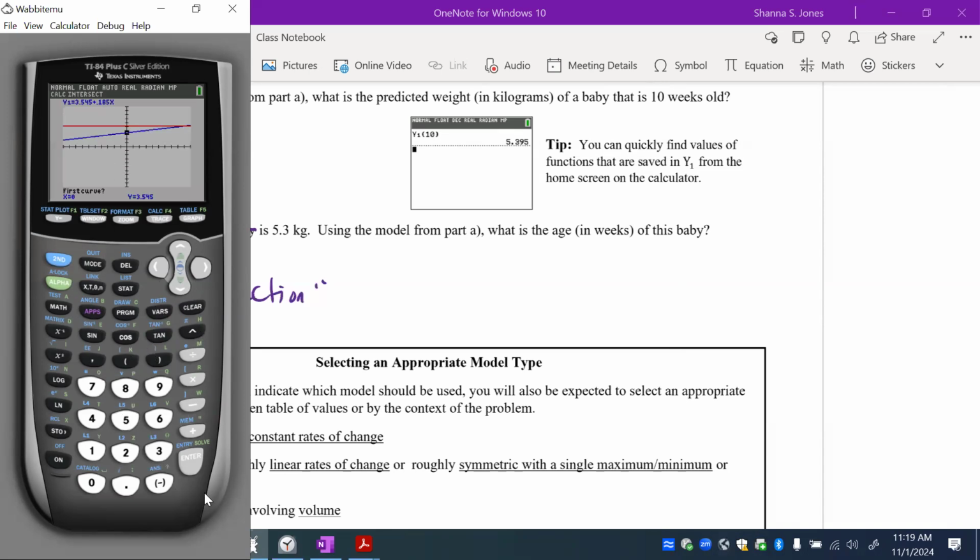Press 5, enter, enter, enter. And they are approximately when X equals 9 4/9 weeks old. I got 9 4/9.